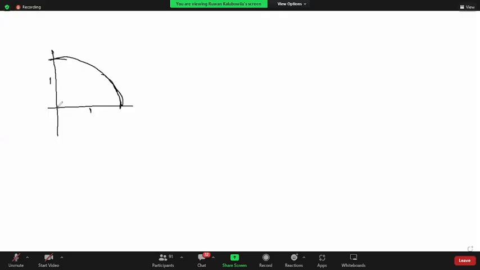Then I try to draw the right triangle here.